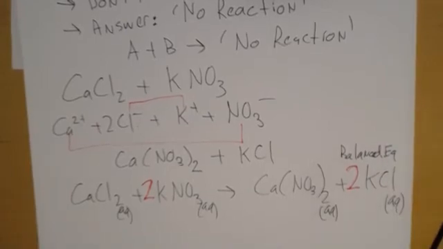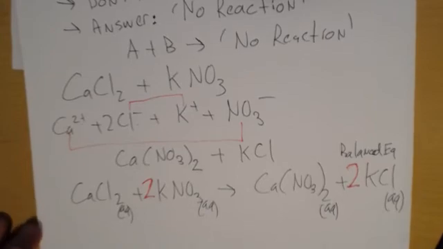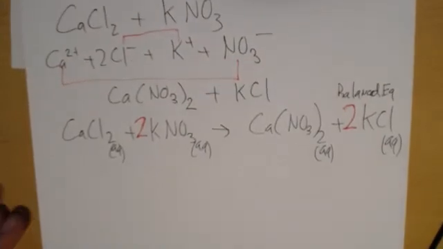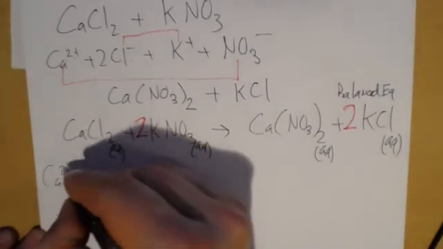That's finishing step 4. When I go to the total ionic equation, everything gets written as ions, right? I have calcium 2 plus aqueous.